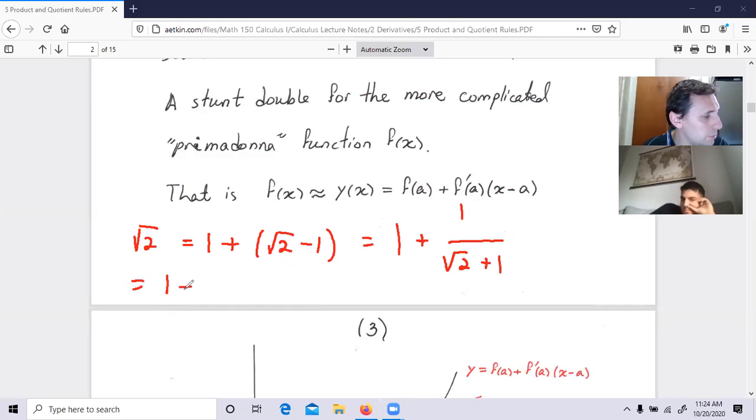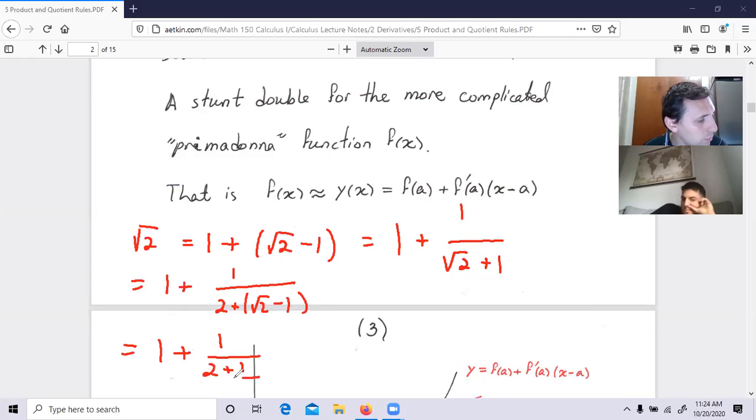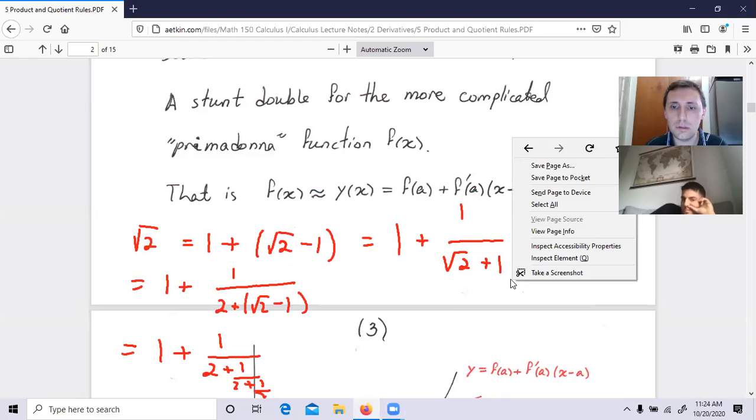So this is 1 plus 1 over 2 plus root of 2 minus 1. And I have the same pattern now as what I have over here. And so my solution to root of 2 will be 1 plus 1 over 2 plus 1 over 2 plus 1 over 2, and onwards.